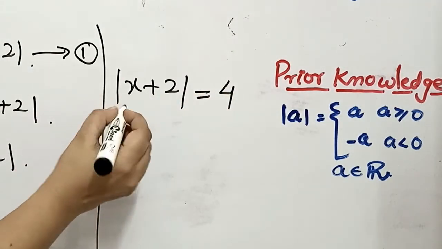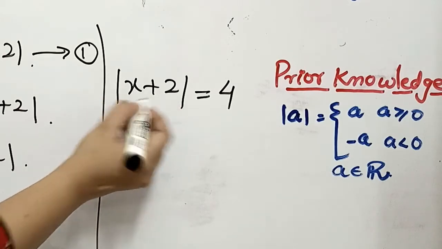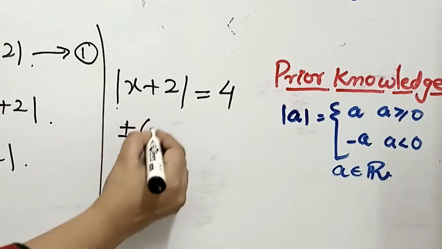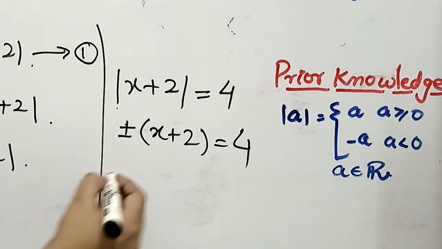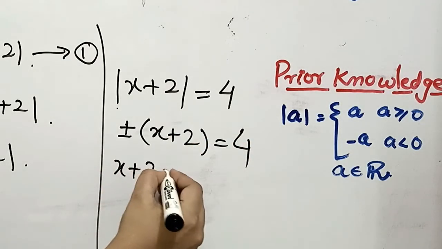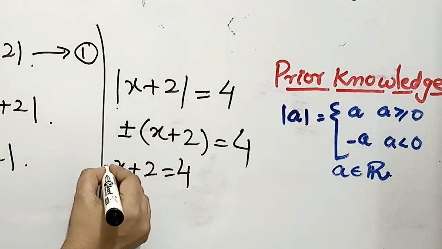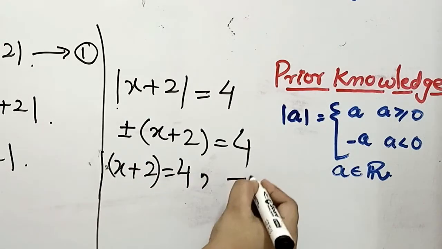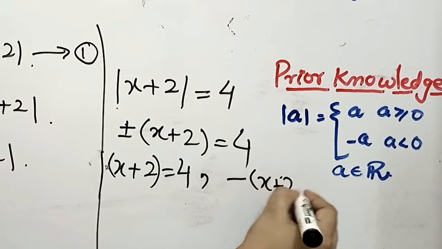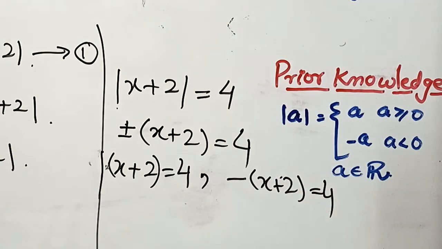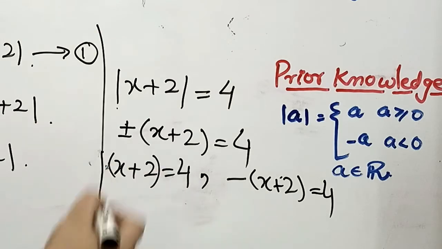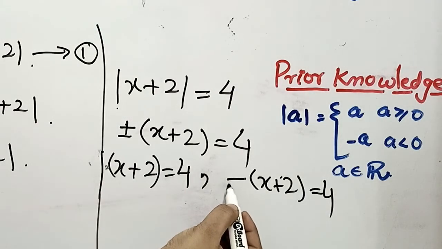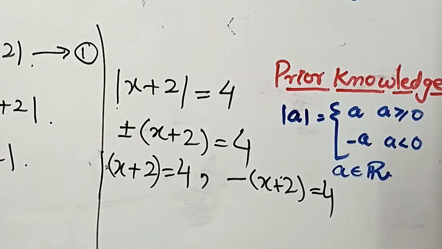I have told you that whenever we resolve this modulus, this will be equal to positive or negative of any number. So one time I have to write positive x plus 2 is equal to 4, and another time we have to write down minus of x plus 2 is equal to 4.